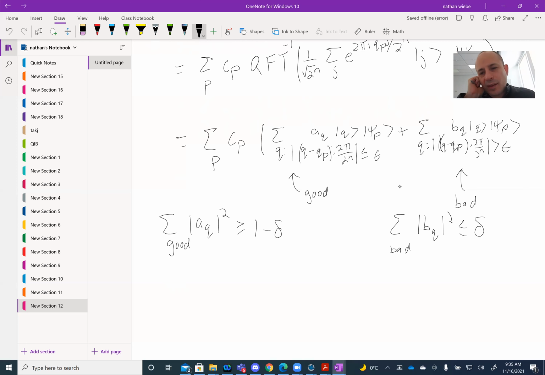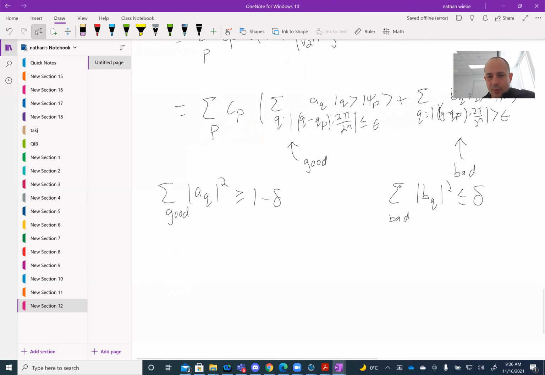All right, fantastic. This is actually all we really need to know for this. Now let's take a look at the probability of measuring a particular value q prime.